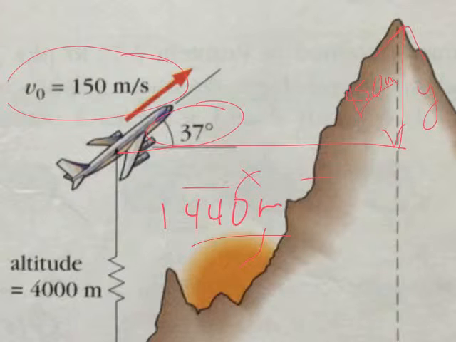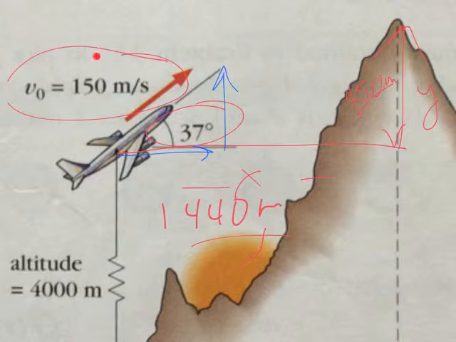When we break this vector into components, we can do it without a calculator, because the Vx goes like this and the Vy goes like that. If this is 150, what is 5 times what is 150? Yeah, 5 times 30.